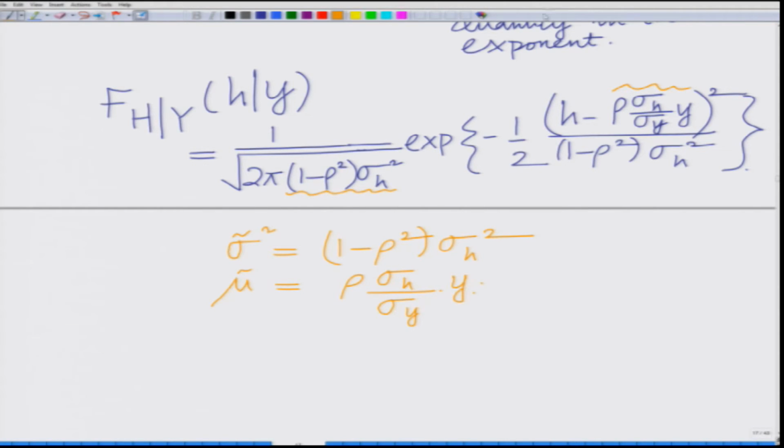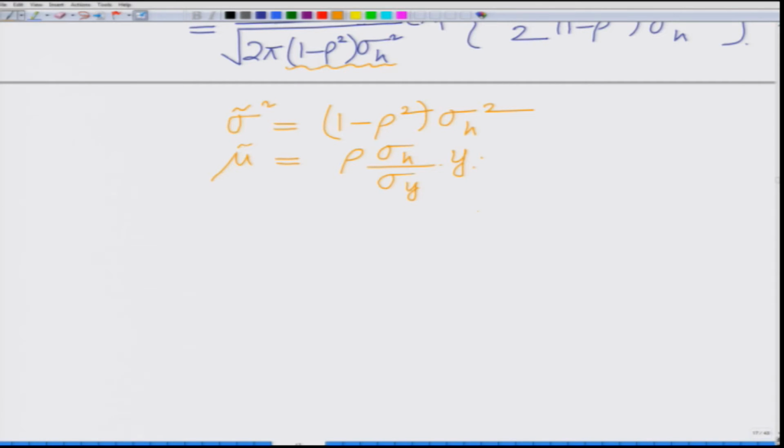And now, you can see something very interesting. If I write this conditional probability density function, f of h given y, what you are going to observe is something very simple.